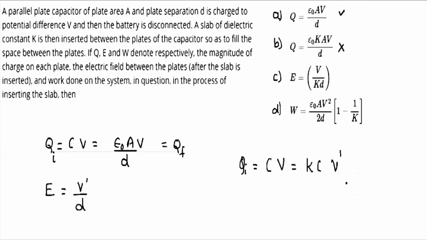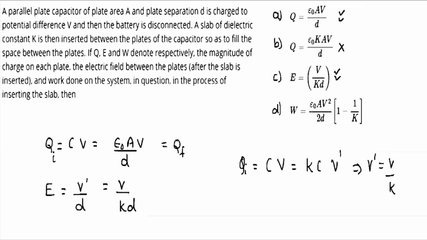Now C and C would be gone. That means V dash would be equal to V divided by K. So the electric field is V divided by K into D. That means this option is also correct.